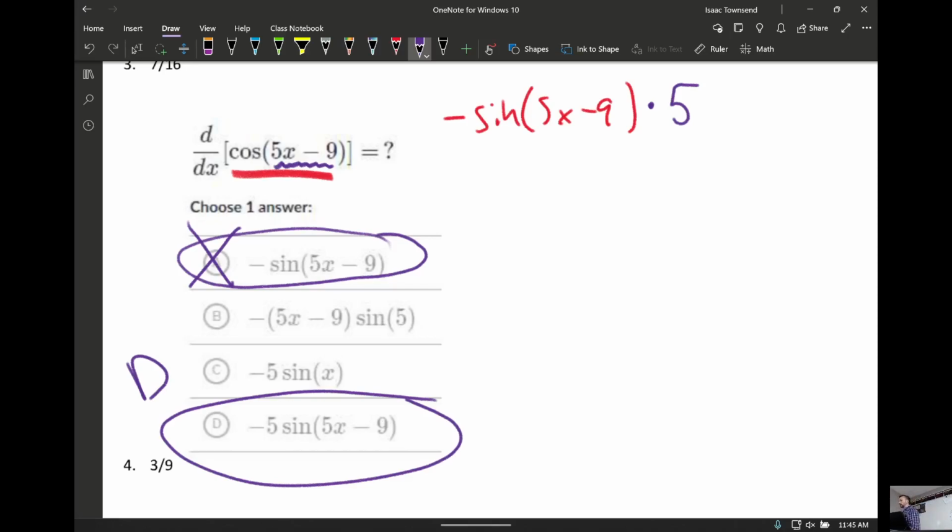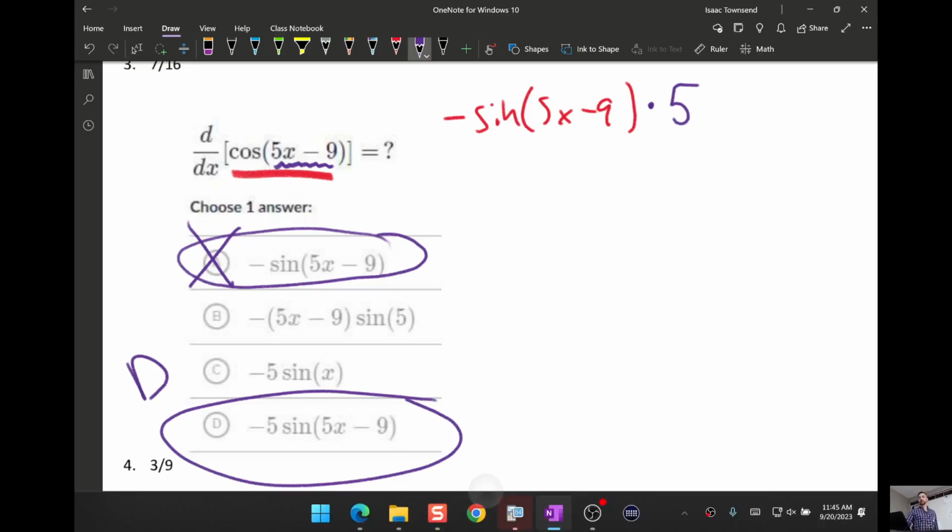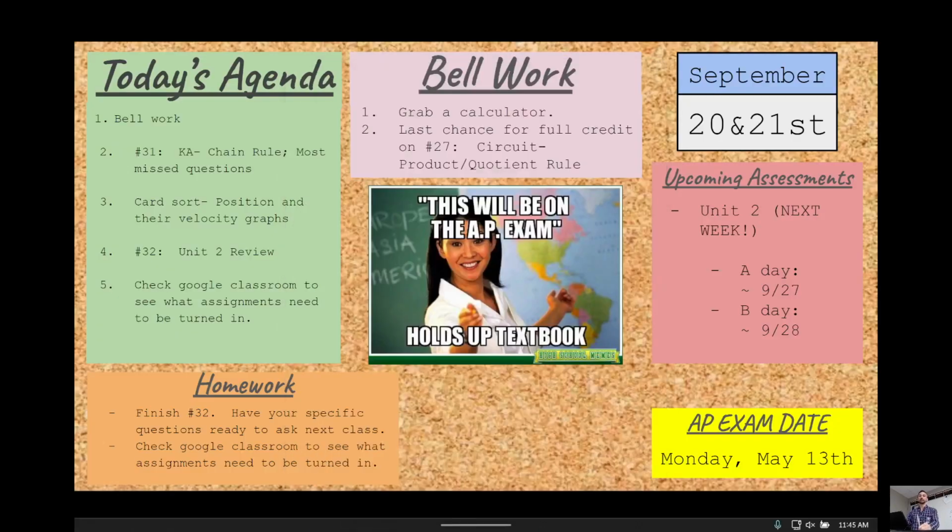Okay, next up, you don't have to do this on a piece of paper, but I do want to take a few minutes. There is a card sort activity I have where there's some position graphs and some velocity graphs, and you have to try to figure out which ones go with which. So with your table partner, go ahead and try to match up.